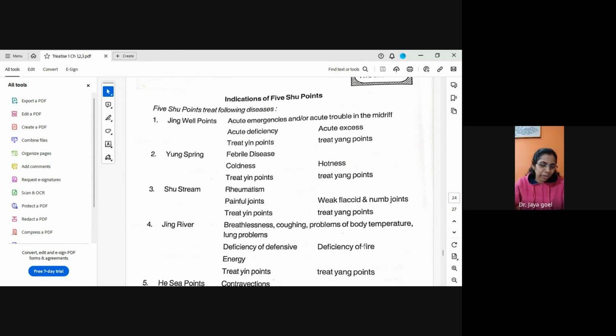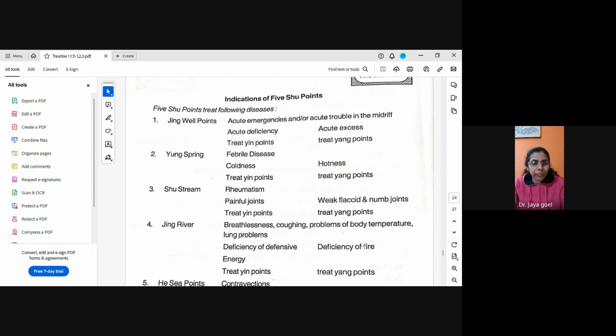Like Jing-well point for the acute emergency, acute trouble in the midriff, then Ying-spring is for febrile disease, meaning high temperature or coldness and hotness. Yin points are for the coldness and yang points for the hotness.